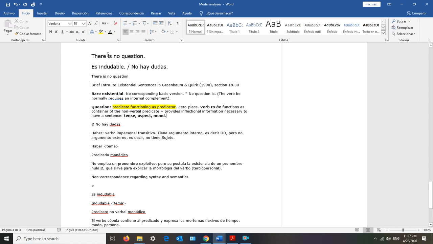So this is what is, right? Does. No is a determiner, a negative determiner that helps make up the noun phrase, no question, that is brought into existence, whose existence is declared by the mechanism that is part of an existential sentence.